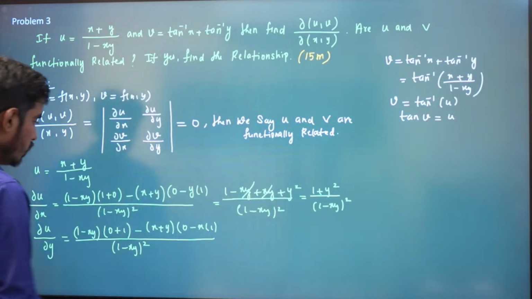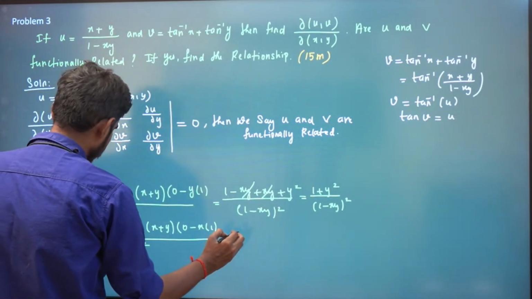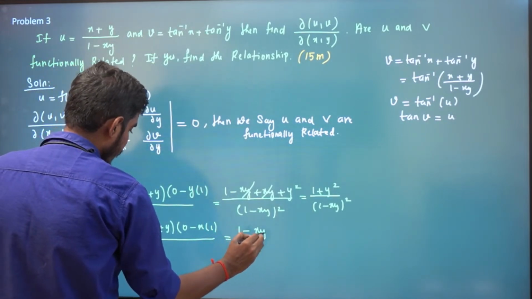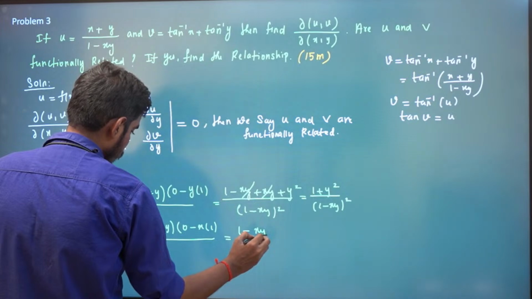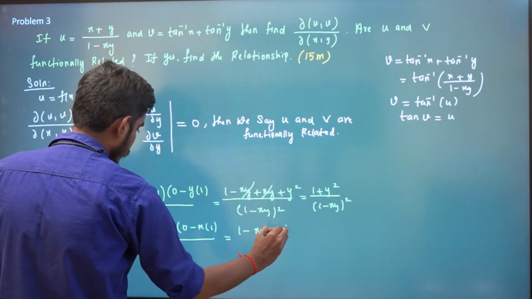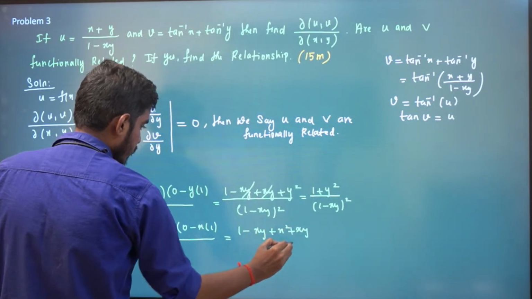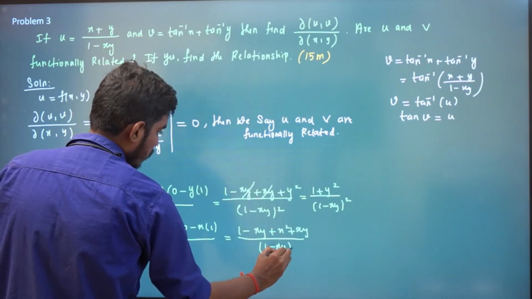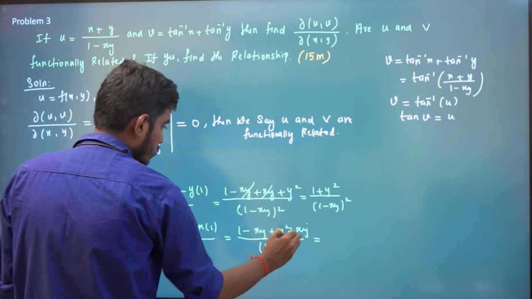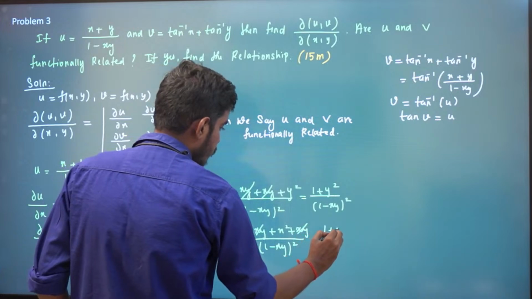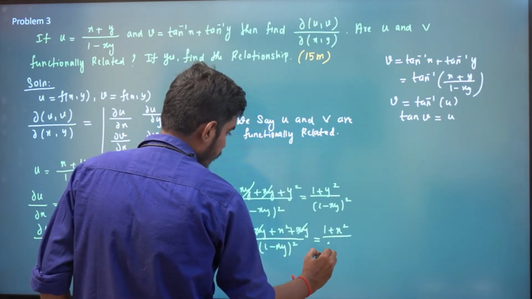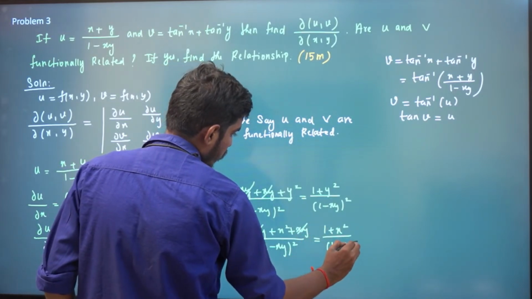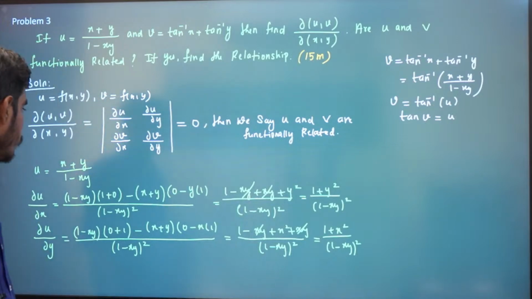I'm applying quotient rule. So this will be equal to 1 minus xy minus plus x square plus xy, whole divided by 1 minus xy whole square. So this will be 1 plus x square divided by 1 minus xy whole square. This will be my dou u by dou y.